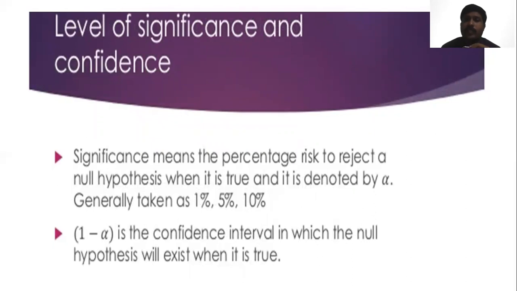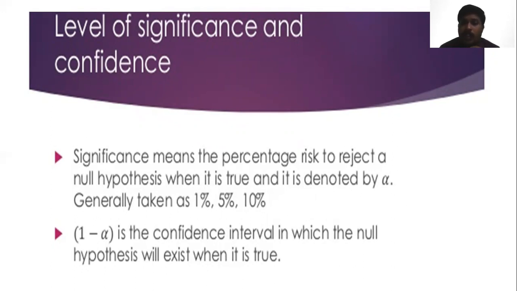So what is the level of significance? Significance means the percentage risk of rejecting a null hypothesis when it is true, and it is denoted by alpha. Generally, the level of significance will be 1%, that is 0.01, 5%, 0.05, or 10%, 0.1.